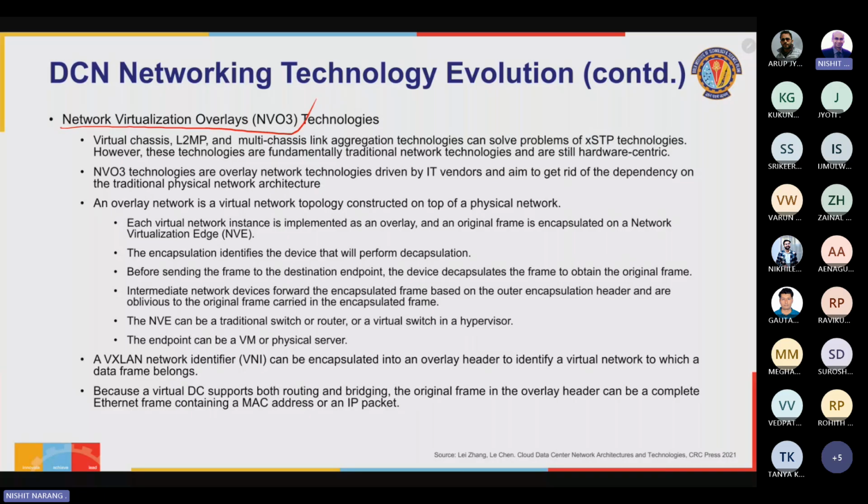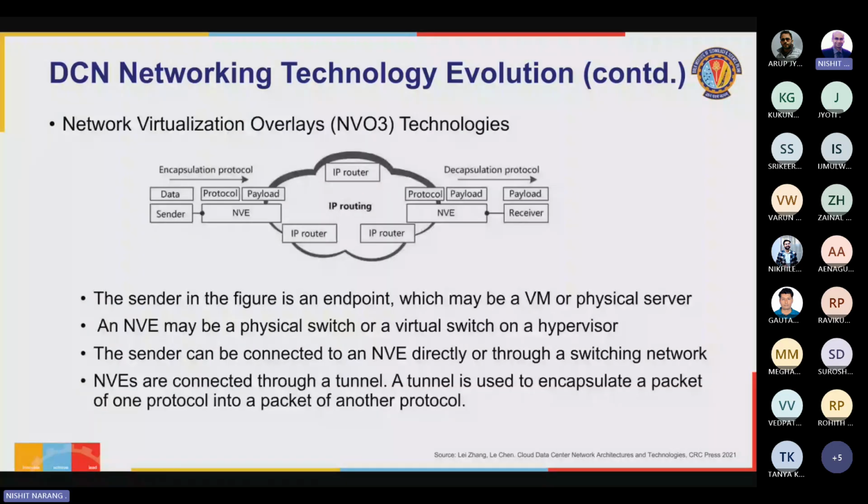Okay, so just like L2MP is a tunneling technique, NVO3 is also a tunneling technique. The difference being it tunnels server traffic not through a Trill network, but through an IP network. So whatever we talked about L2MP or Trill, the same concept holds true for NVO3.